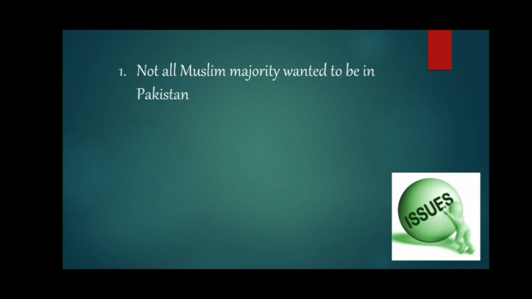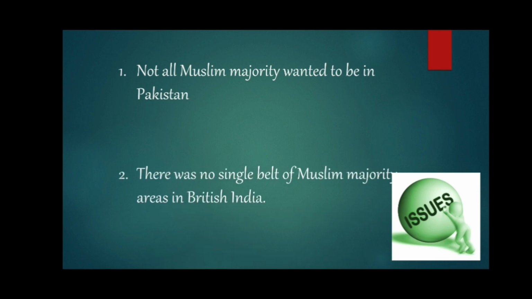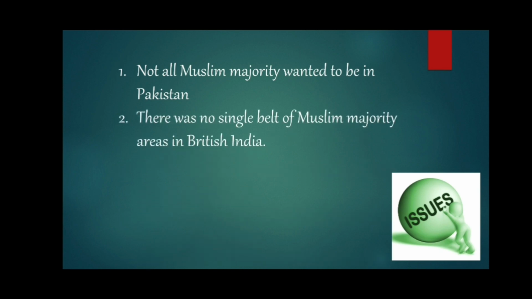Just because they were Muslims or Hindus, they did not want to go to the other side of the border. Secondly, there was no single belt of Muslim majority areas in British India. There were two areas of concentration, one in the west and one in the east, and there was no way these two parts would be joined.